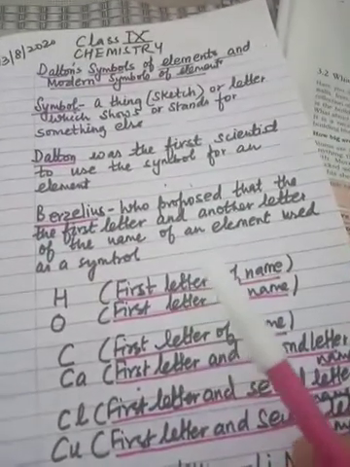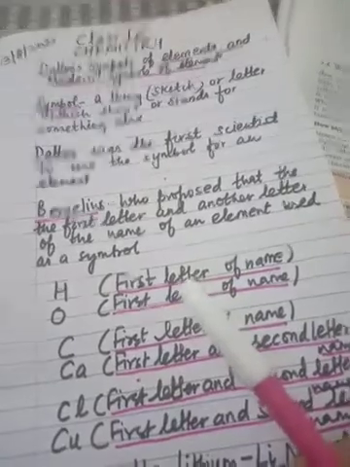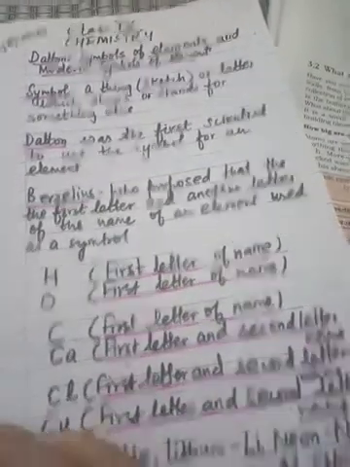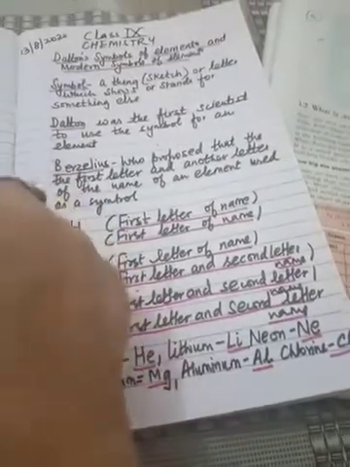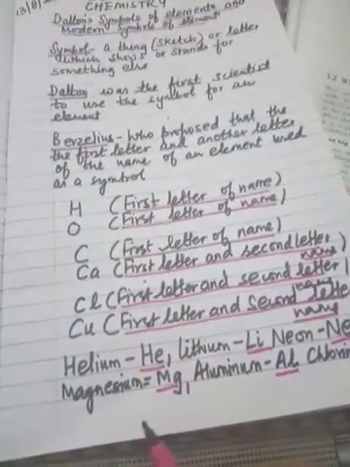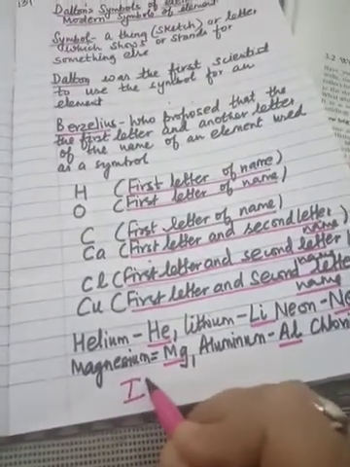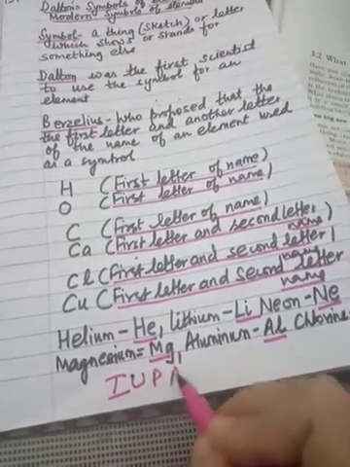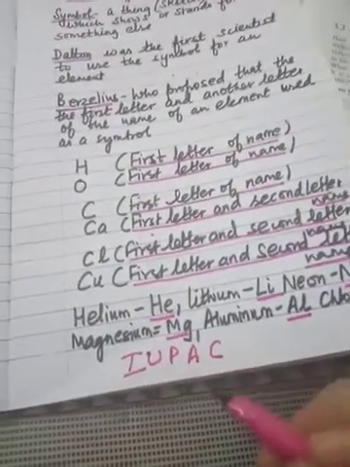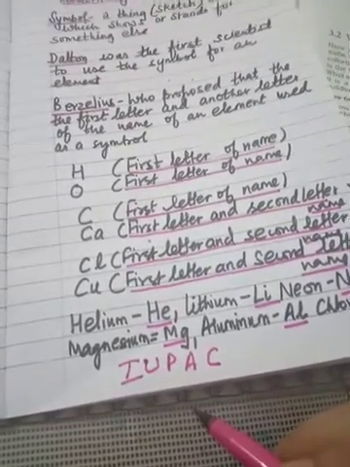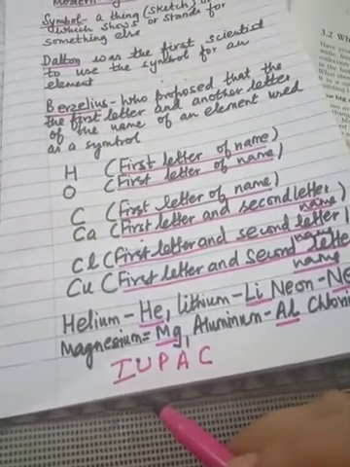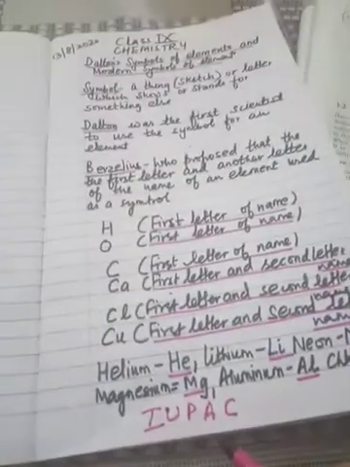Nowadays the names and the symbols of all newly discovered elements are approved by the International Union of Pure and Applied Chemistry, that is IUPAC. Children, I am repeating this: IUPAC means International Union of Pure and Applied Chemistry.